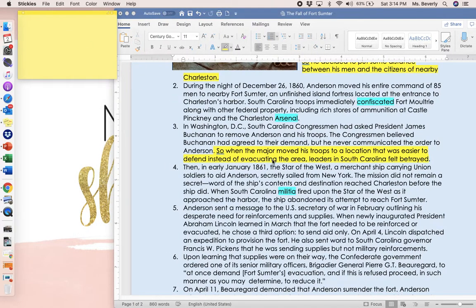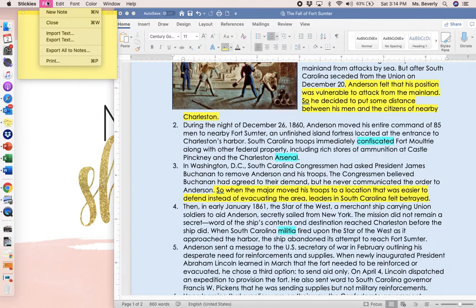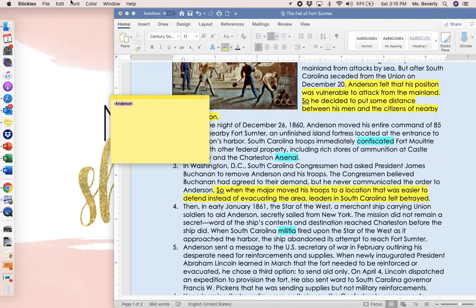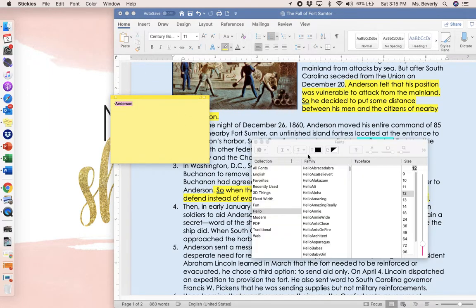Okay? So here are the things I'm going to write as my gist. Anderson moved, and I'm going to make this bigger so that you all can see it. You're copying this down as I'm typing it because these are your notes that you're going to use when you get to your questions. Anderson moved his troops to Fort Sumter to avoid an attack.